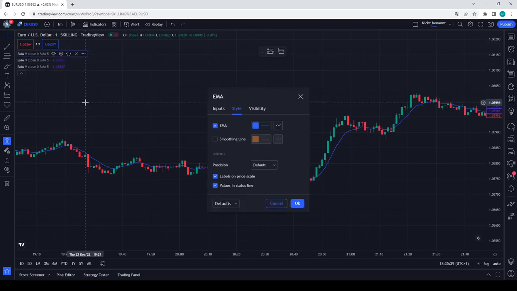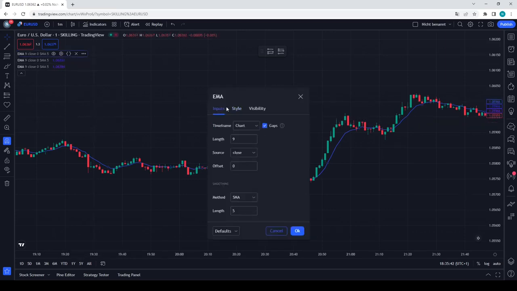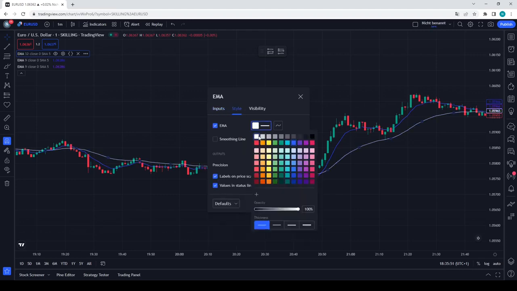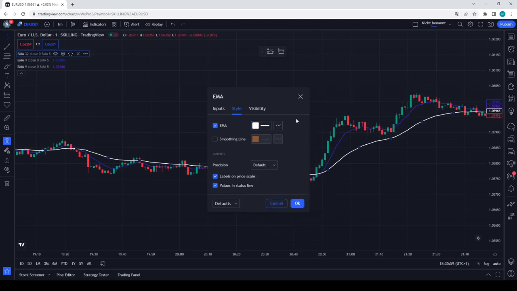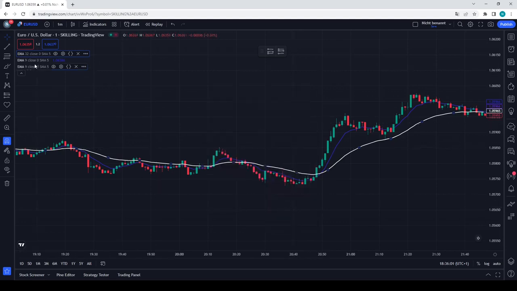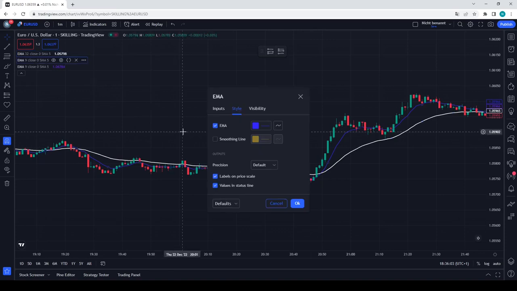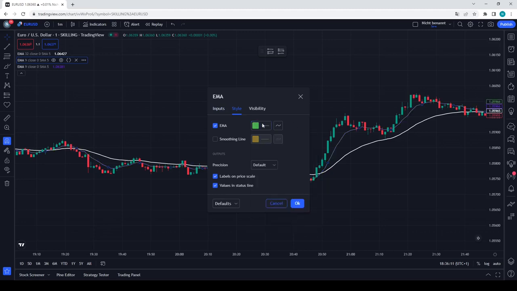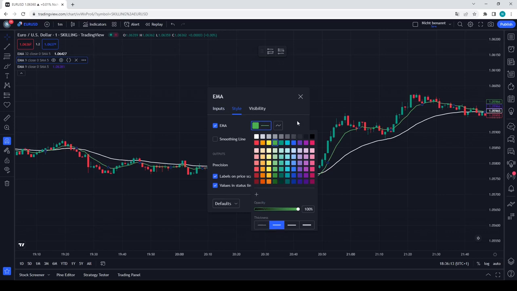So we go to the first EMA, click on it, and then we go on inputs. The length we are setting to 32 and the style is in white, and on the thickness I prefer the second thickness, and let's click OK. For the second EMA, we do the same, but this time we make this in green, the same thickness.